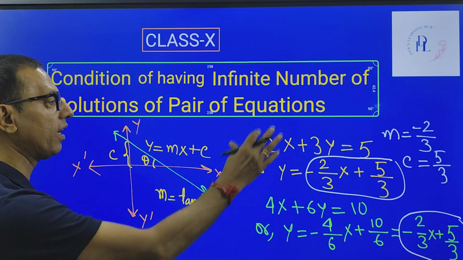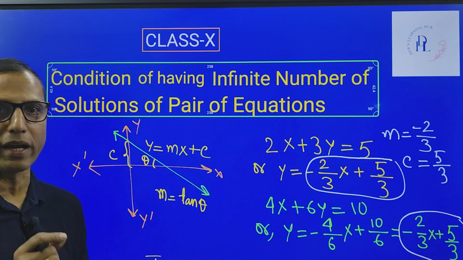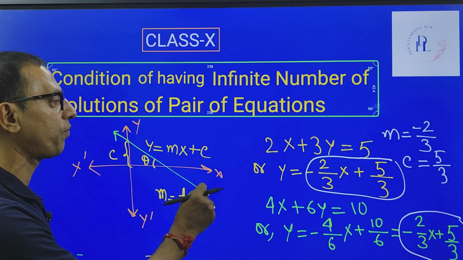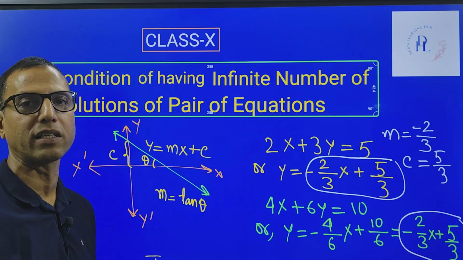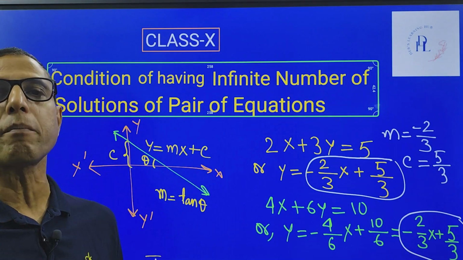That means if these two lines coincide each other, any value of x and y which satisfies one equation will satisfy another equation also. And one straight line has infinite number of points.